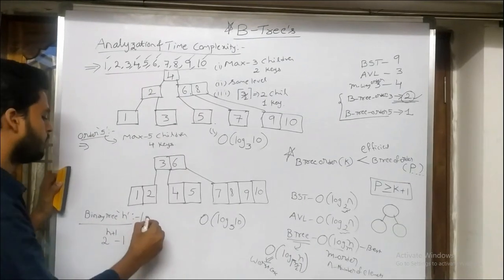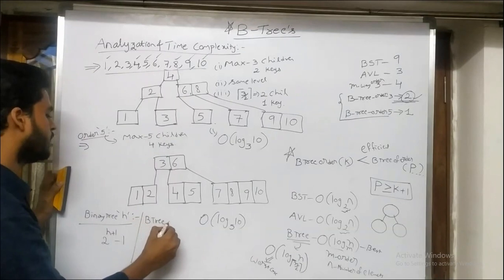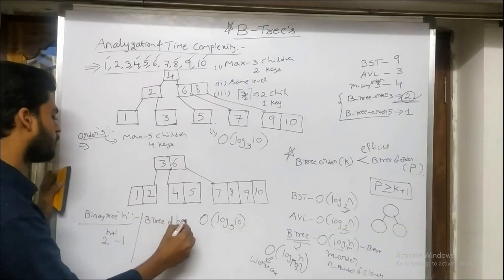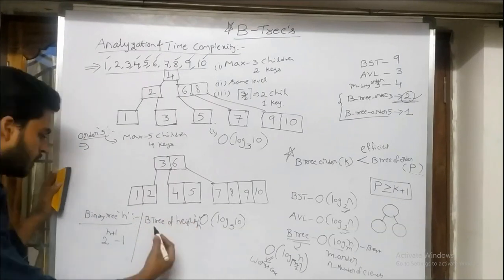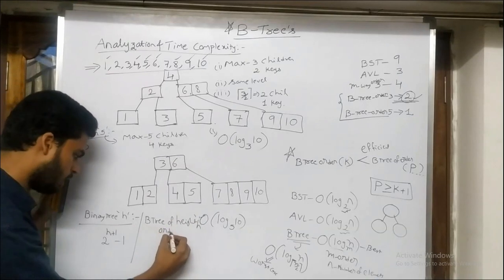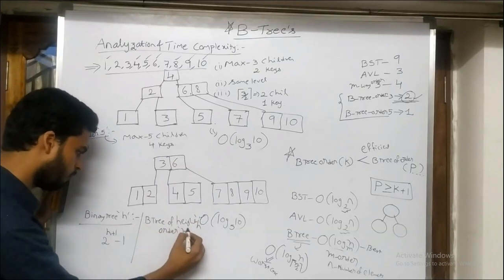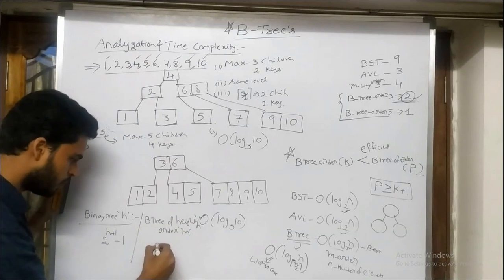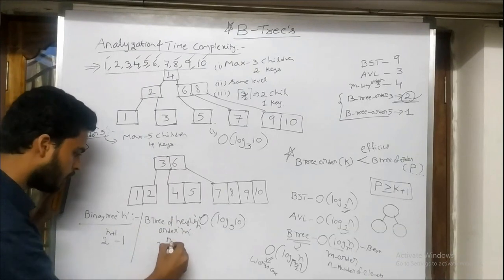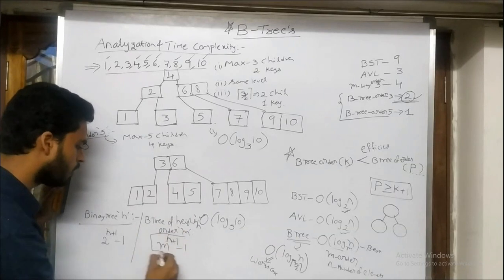Similarly, if I am trying to store a B tree of height h with order m, I am able to store m power h plus 1 minus 1.